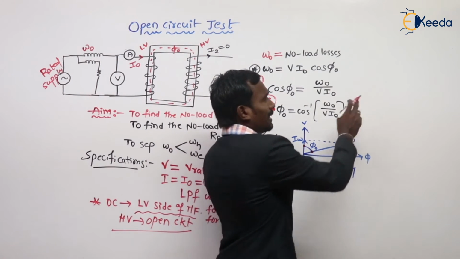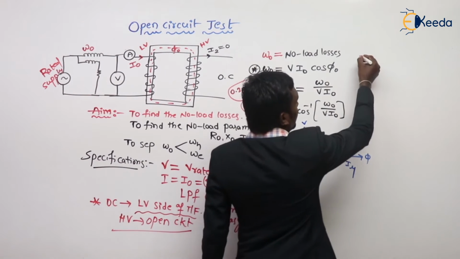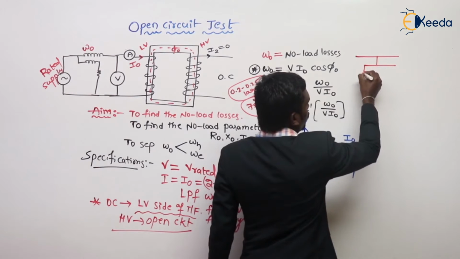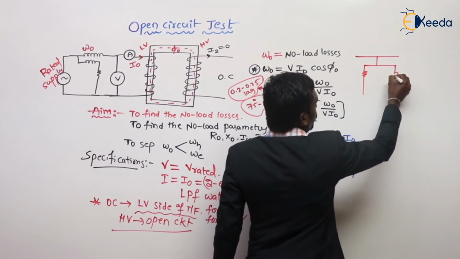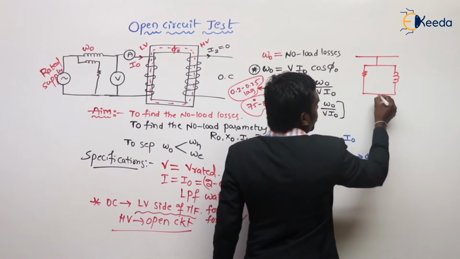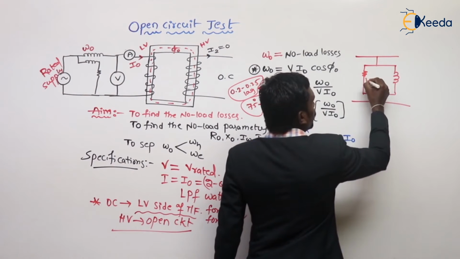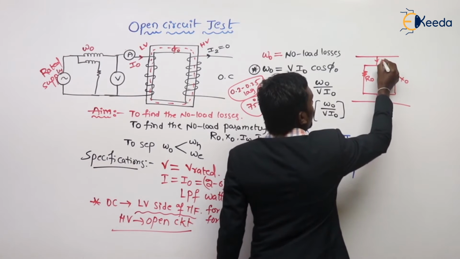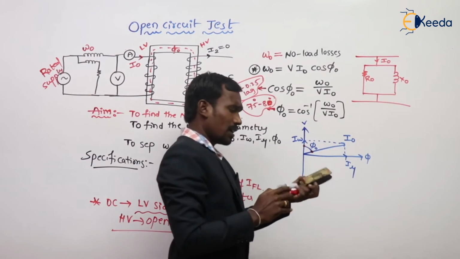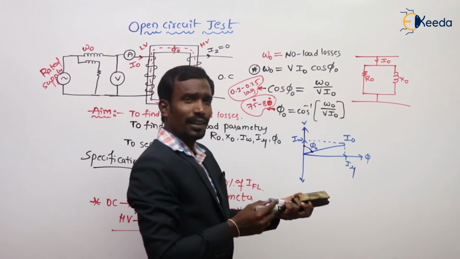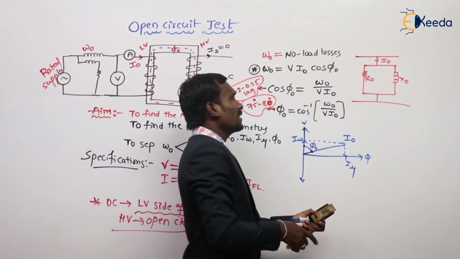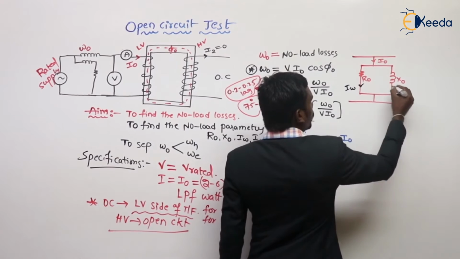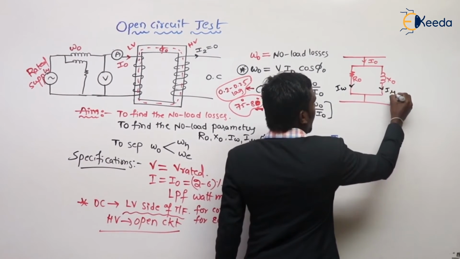For example, let's take the equivalent circuit of no load. This is my no load equivalent circuit. R naught, X naught, I naught, and here the current is IW, here the current is I mu.